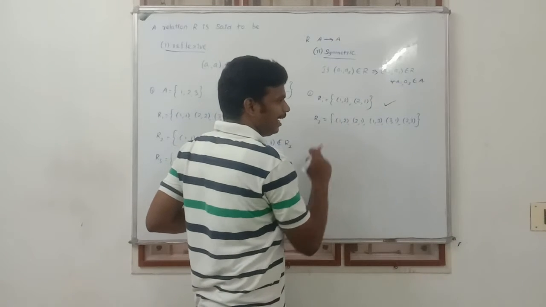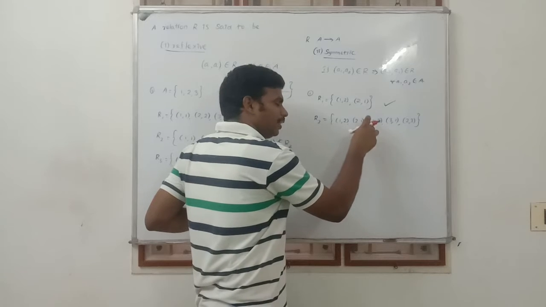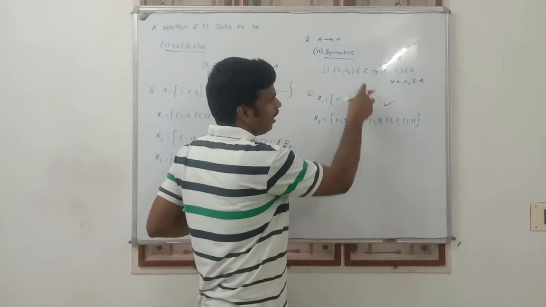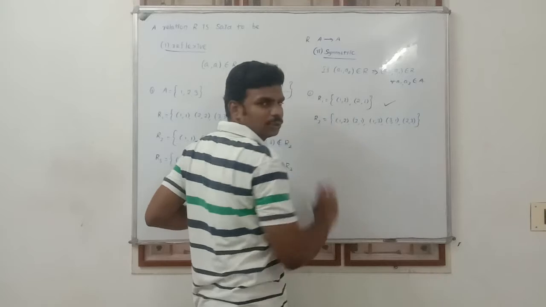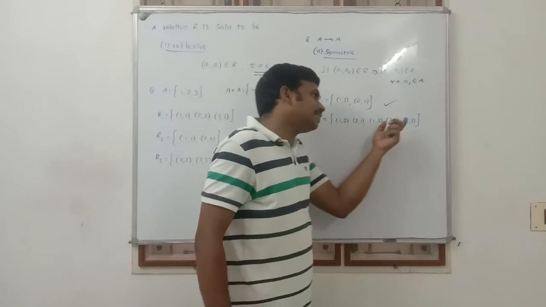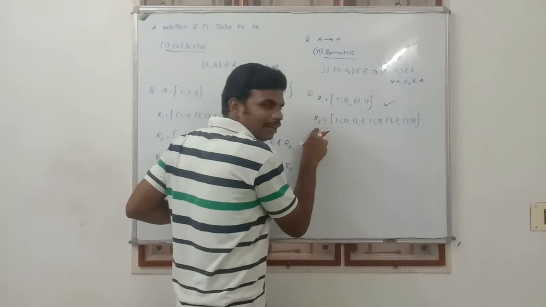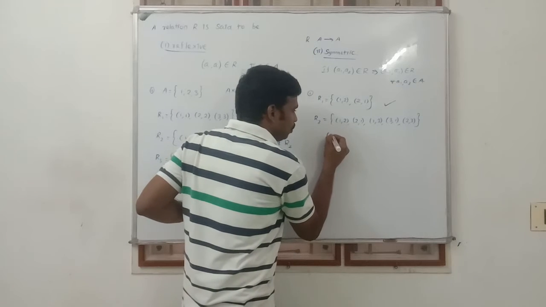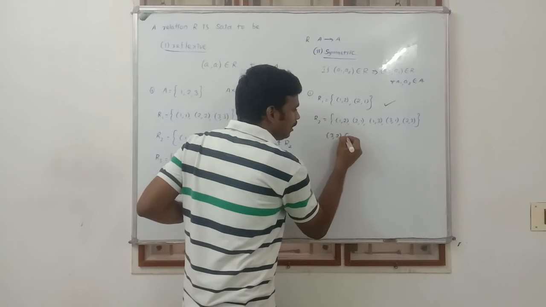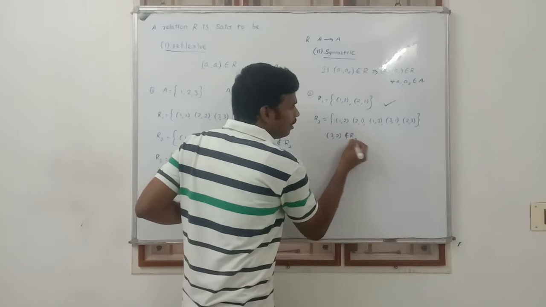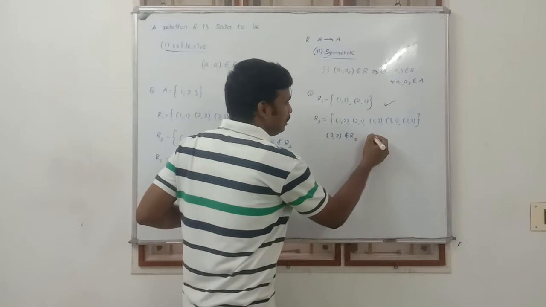What about the next element (1, 3)? Yes, as per the condition we have (3, 1) also. But if we come to the last element (2, 3), it belongs to the relation, but there is no (3, 2) in the relation. Therefore, this is not symmetric.